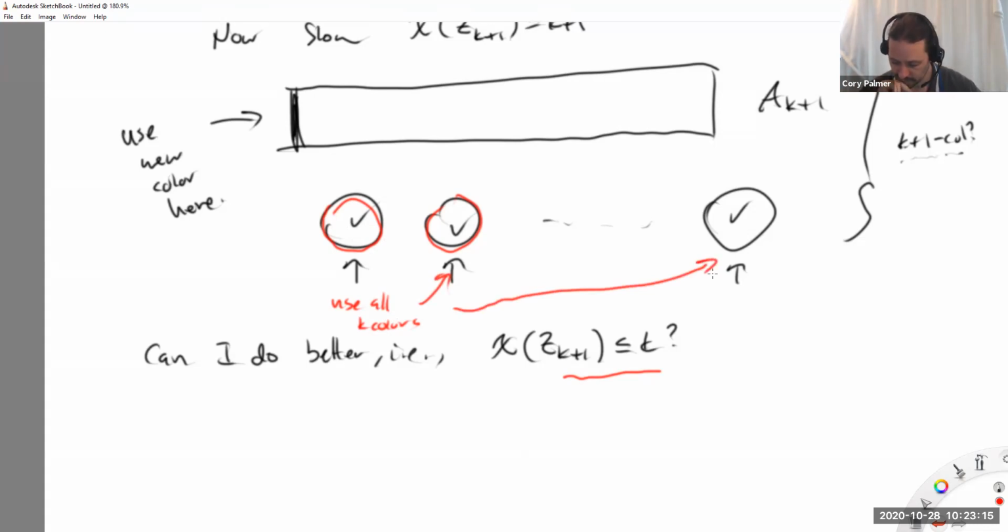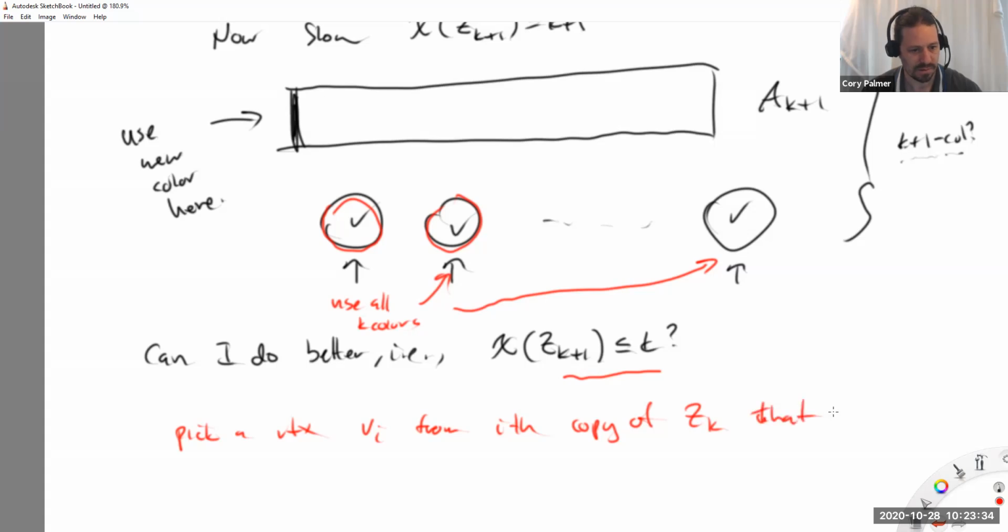Okay, and so then what I'm going to do is pick a vertex v_i from the ith copy of Z_k that is colored with color i.